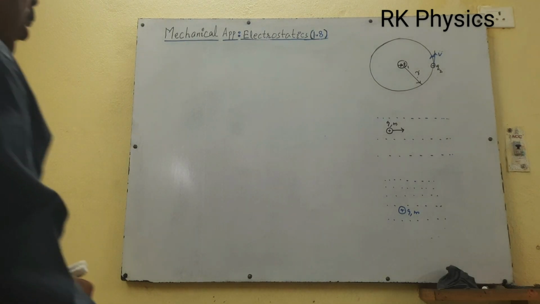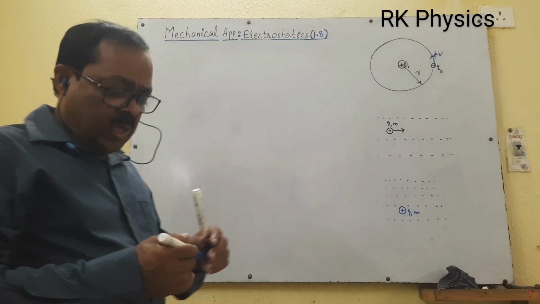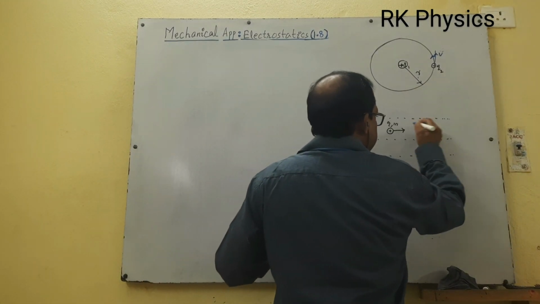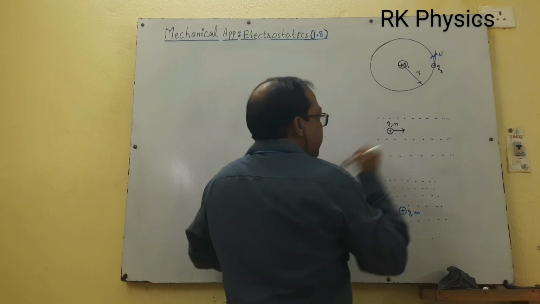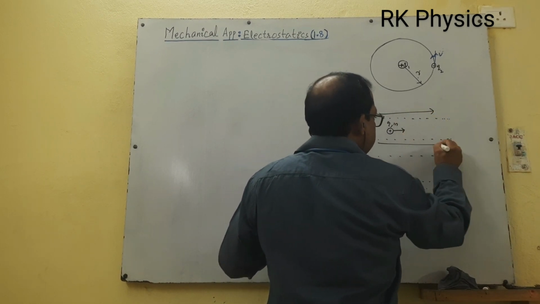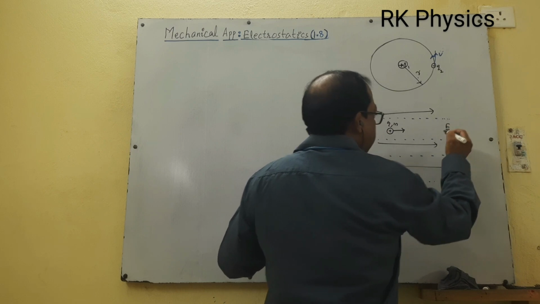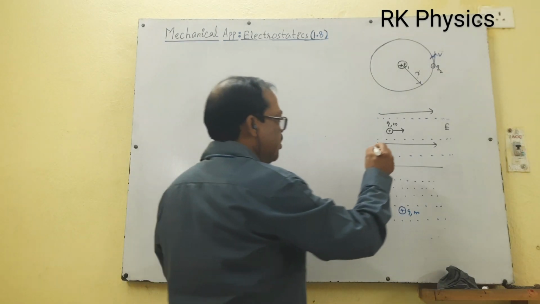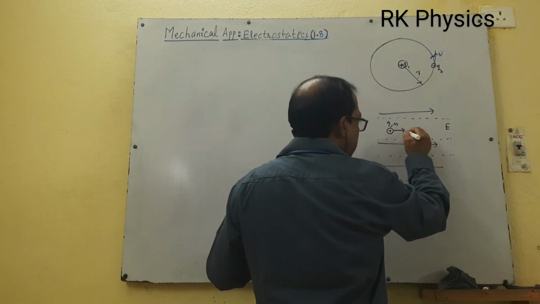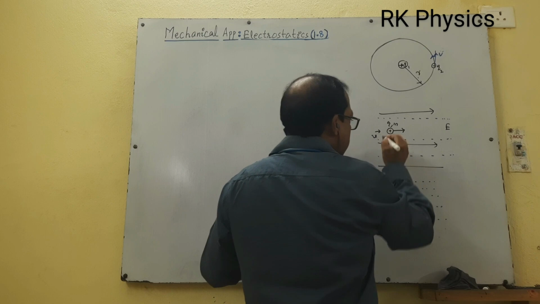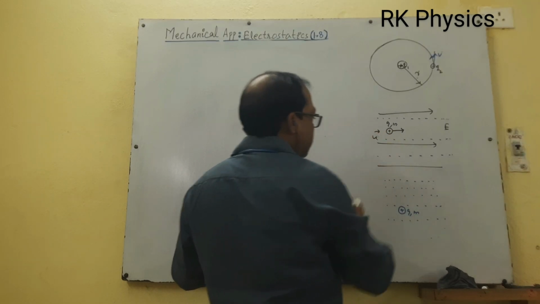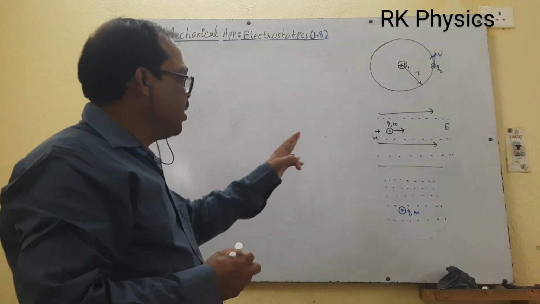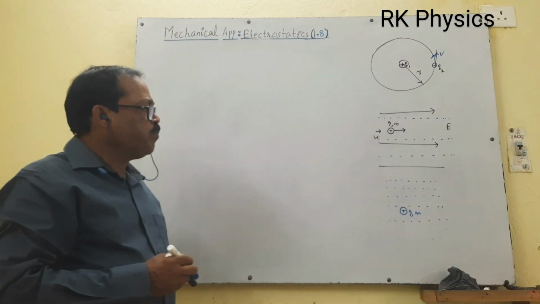Now, let us come to the second figure. In the second figure, just imagine a horizontal electric field from left to right. A charge Q having mass m enters the electric field along the direction of the field with speed u.